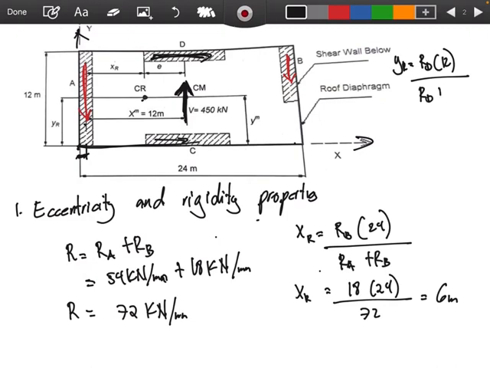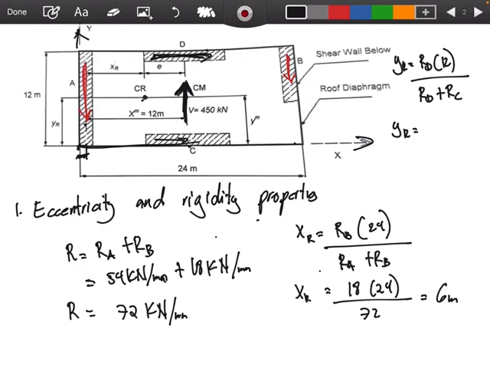RD plus RC. So, Y sub R is equal, this is your lesson in your mechanics. Ito ata yung lesson nyo sa mechanics on how to locate the center of mass, center of rigidity, etc. Diba? So, RD, kasi, bakit 12? Kasi mula dito hanggang dyan, 12 yung distance niya.